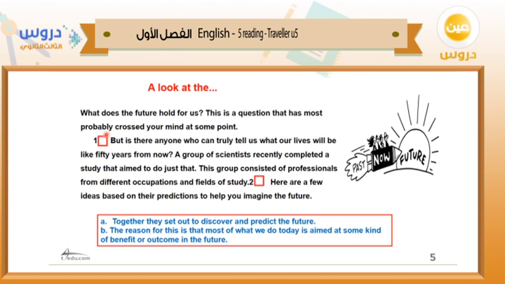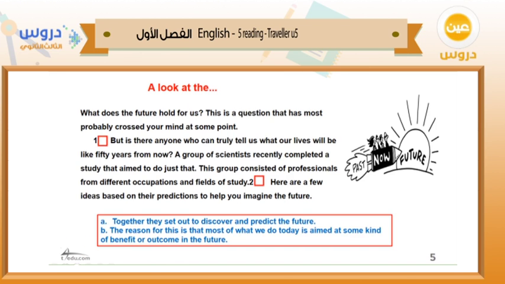Alright, so what is the right option for number 1, and the same thing for number 2? Is it A, together they set out to discover and predict the future, or B, the reason for this is that most of what we do today is aimed at some kind of benefit or outcome in the future?